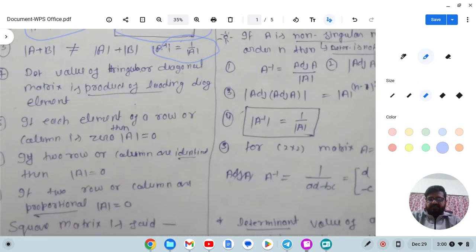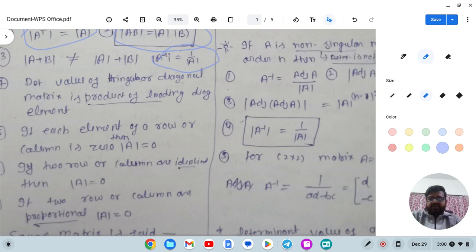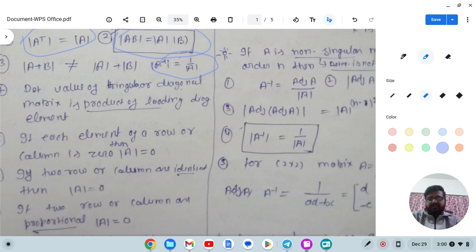If the elements below the leading diagonal are zero, or the elements above the leading diagonal are zero, then it is called a triangular matrix. And if all elements except the diagonal elements are zero, then it is called a diagonal matrix. In a diagonal or triangular matrix, the determinant value will be the product of its diagonal elements.